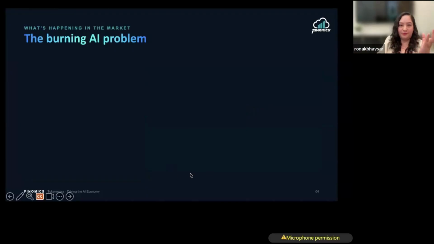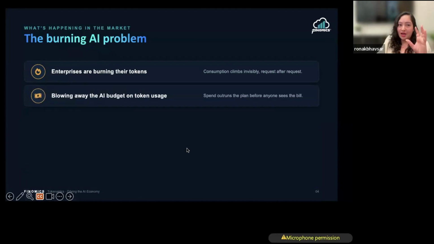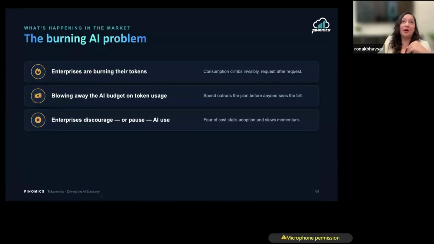Now the burning problem, right? There is this buzz in the industry, and we are all looking at a lot of news channels and newspapers, and we read stories that enterprises are burning their tokens. They're blowing away their budgets. Enterprises have now reached a point where they don't want to keep using AI, which means at some point it's going to impact innovation, and we don't want to stop innovation.